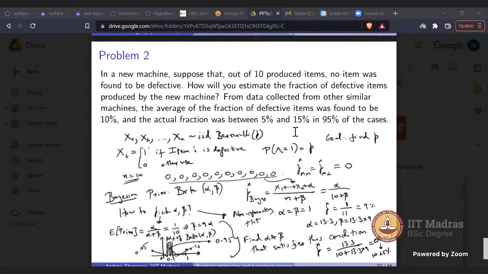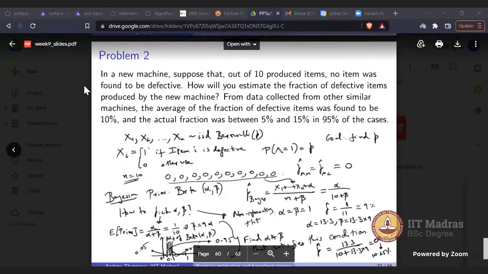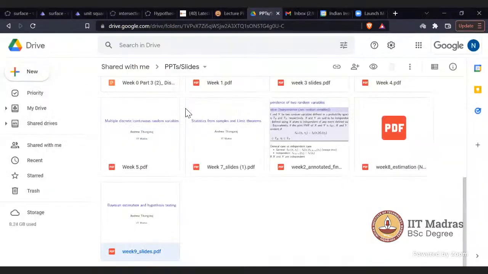So we'll be provided with the prior distribution and some samples, right? That is better to practice rather than spending time on these problems. Here the prior was not given, we had selected something on our own, so that cannot happen in the exam.